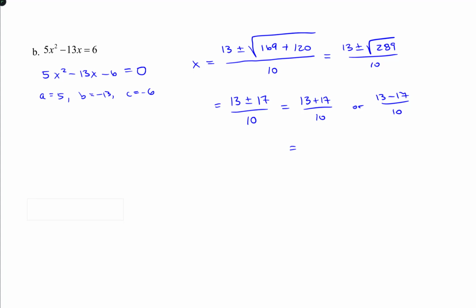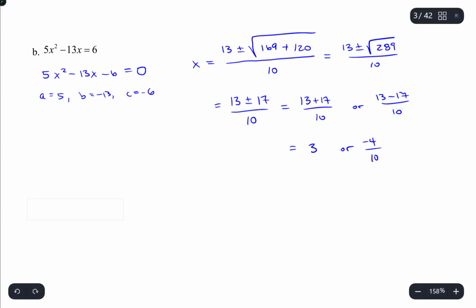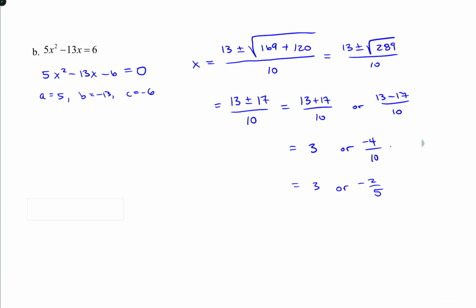And then 30 over 10 would be 3. 13 minus 17 would be negative 4. Negative 4 over 10 could reduce to negative 2/5. So let's just say it's 3 or negative 2/5. And those are the final answers.